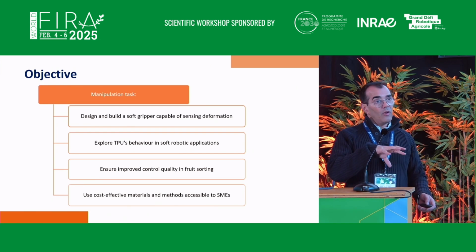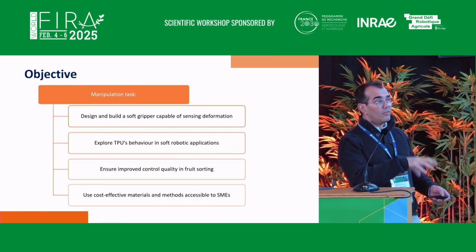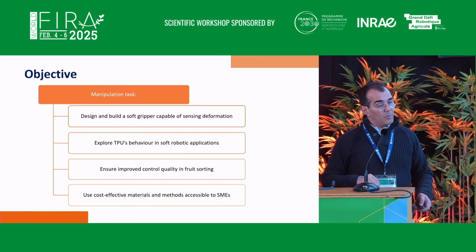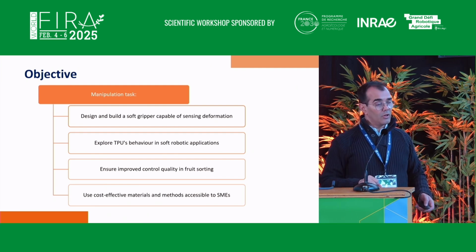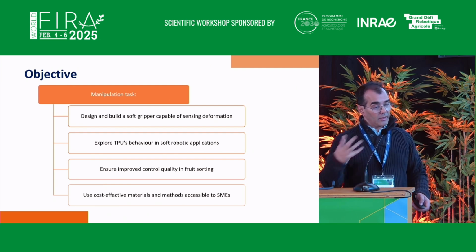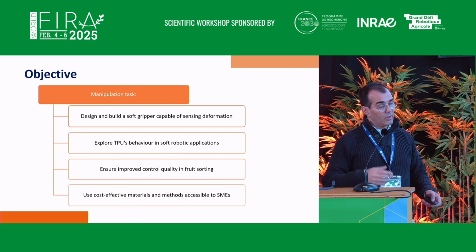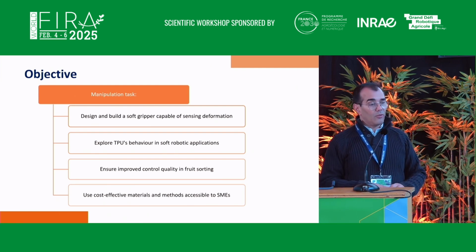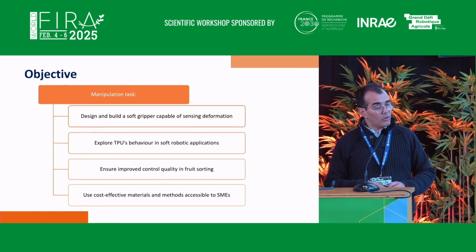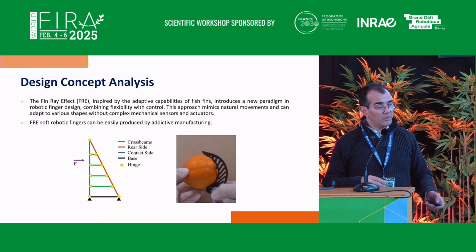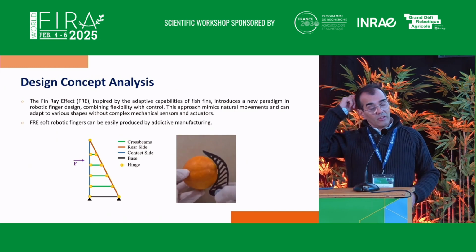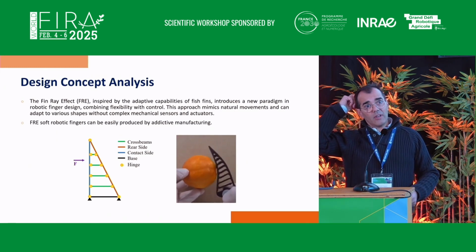How have we done this? We have done this exploring the TPU behavior for robotic applications, and then we improved it for quality control in food sorting, and for a cost-effective solution and methods that are accessible for SMEs.